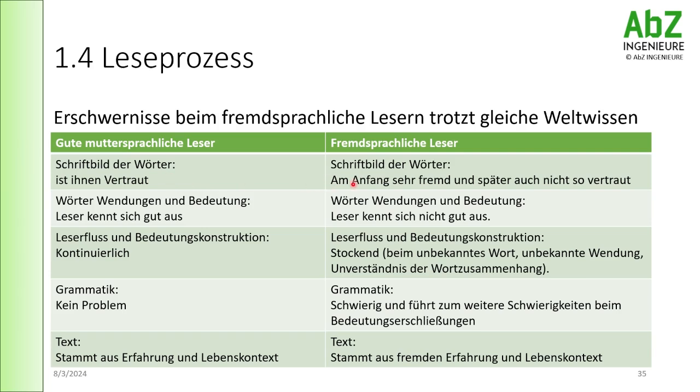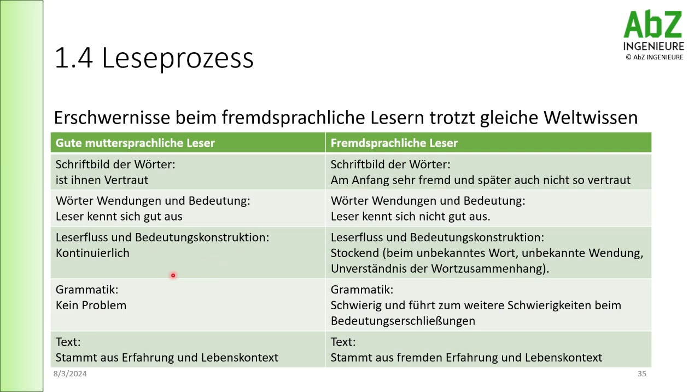The font is known. Now for a Fremdsprachliche Leser, for instance with Chinese or Japanese, it is very difficult and it takes time to take it up. Wörter, Wendungen, Bedeutungen, how the words are used in your language, you know it because it's your mother tongue. You take some time to actually identify how the word is used in those languages.